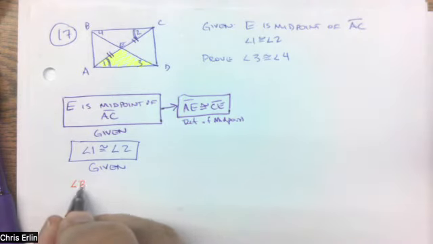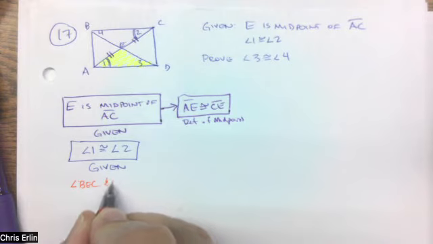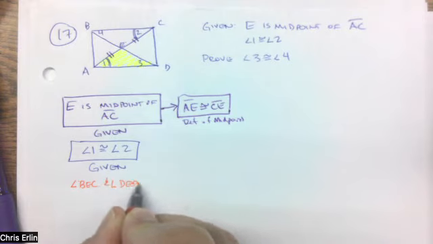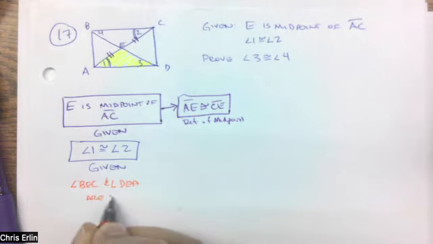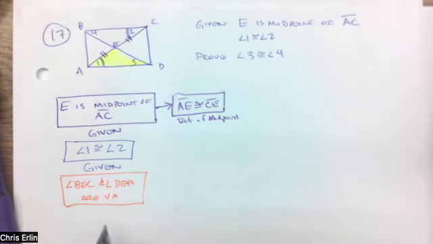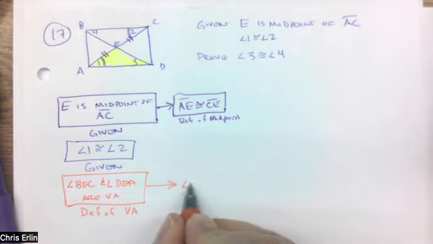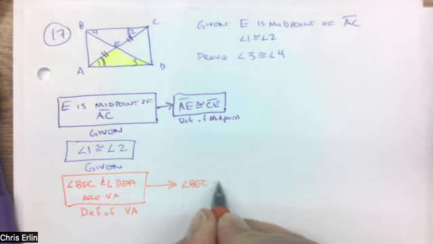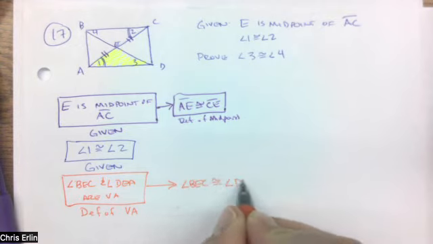So angle BEC and angle DEA are vertical angles. Why do I call them that? Because that's their name, definition. And then I can say, because of that, angle BEC is congruent to angle DEA.